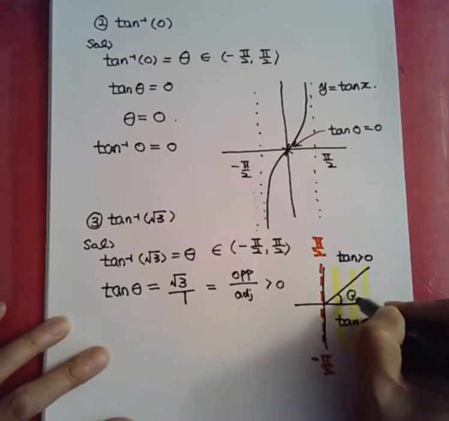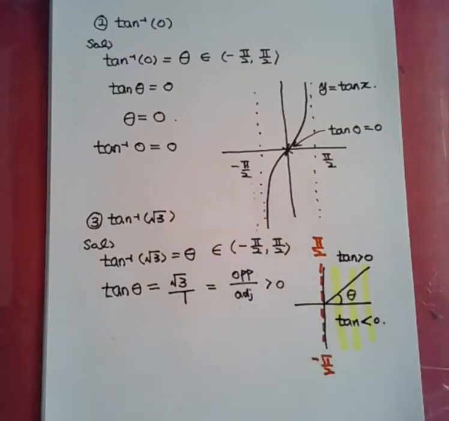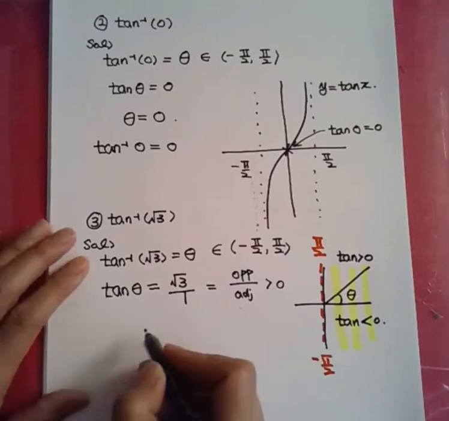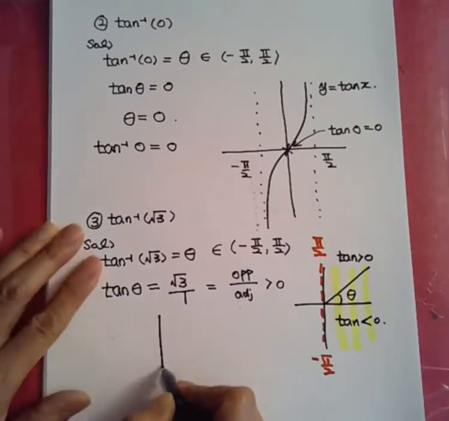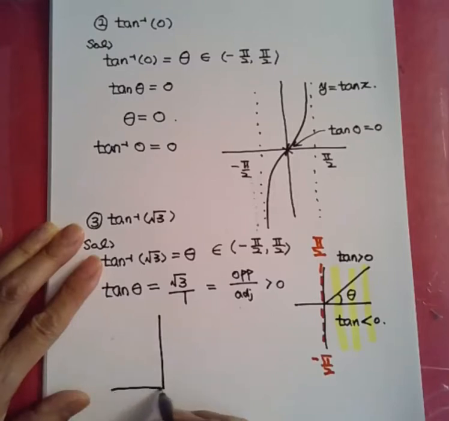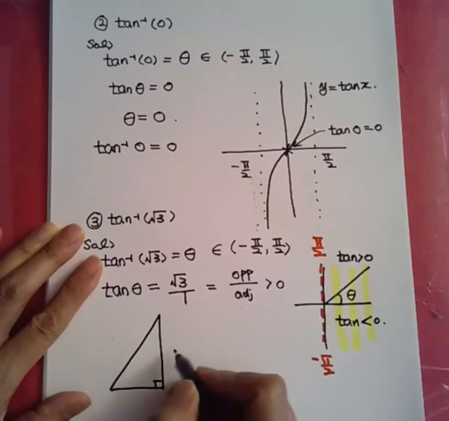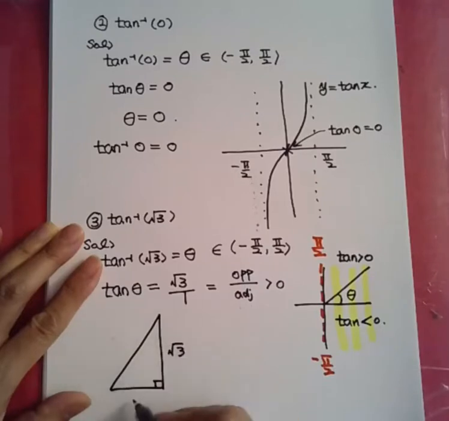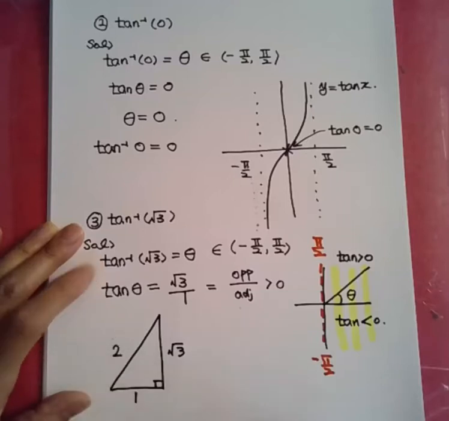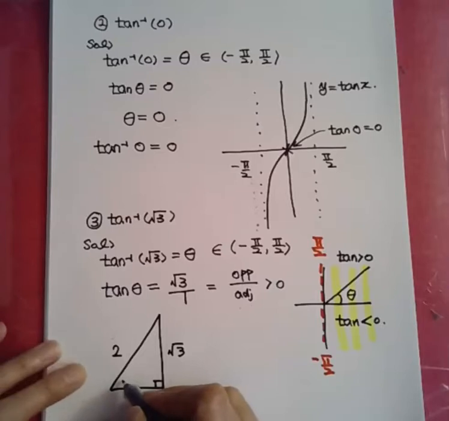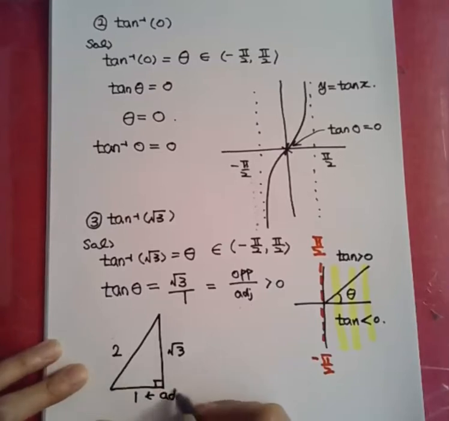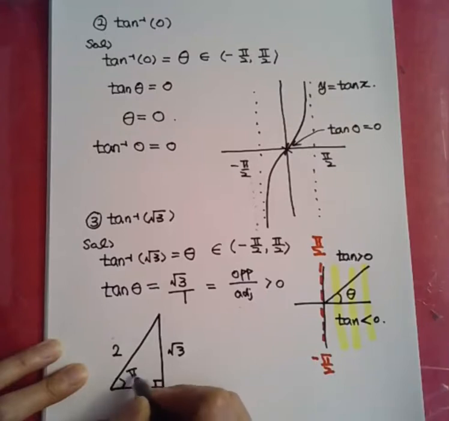So once we identify the reference triangle and reference angle, that reference angle will be identical to the angle theta. Opposite of theta is square root of 3. Adjacent of theta is 1. And that is a 30, 60, 90 degree triangle. So 1 is adjacent to pi over 3.